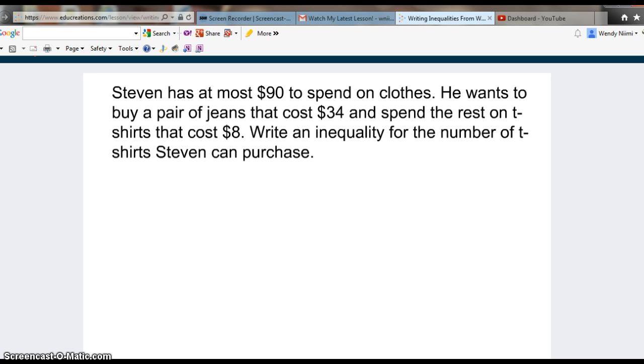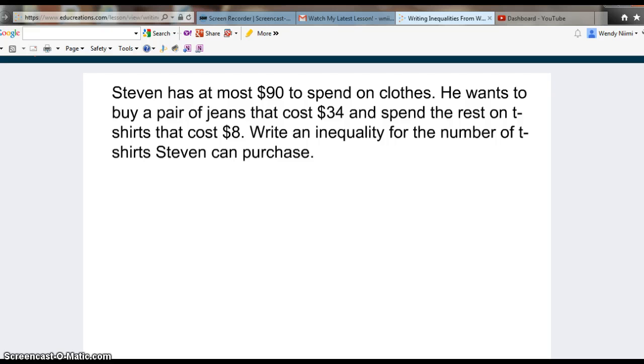Question number 2. Stephen has at most $90 to spend on clothes. He wants to buy a pair of jeans that cost $34 and spend the rest on t-shirts that cost $8. Write an inequality for the number of t-shirts that Stephen can purchase. So Stephen wants to buy multiple t-shirts.